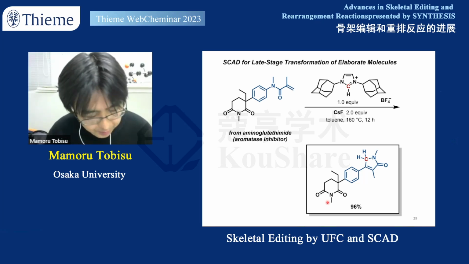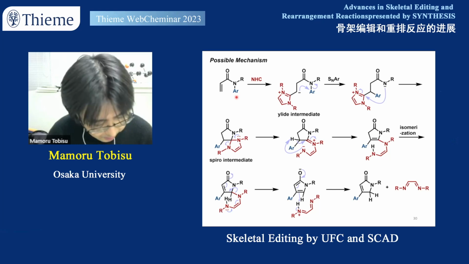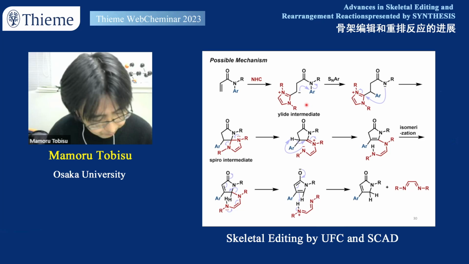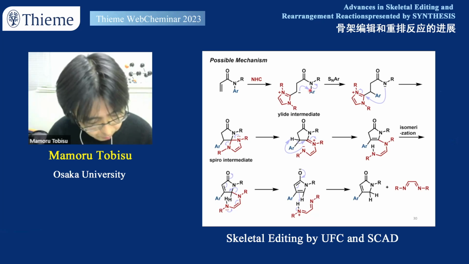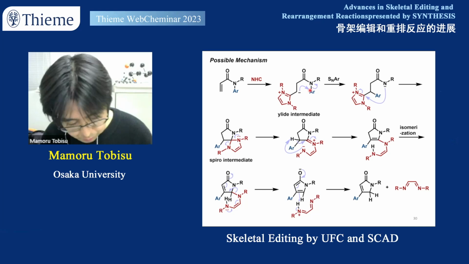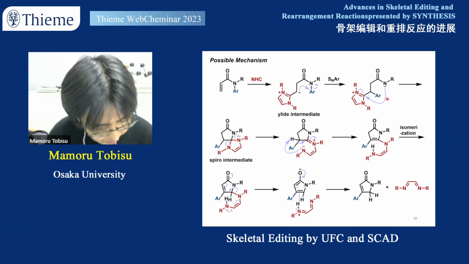Now, let me explain the possible mechanism for this reaction. So NHC attacks the unsaturated amide to form the ylide intermediate shown here. And this carbanion in the ylide then attacks the ipso carbon of the aryl group to undergo nucleophilic aromatic substitution to liberate this nitrogen anion shown here.